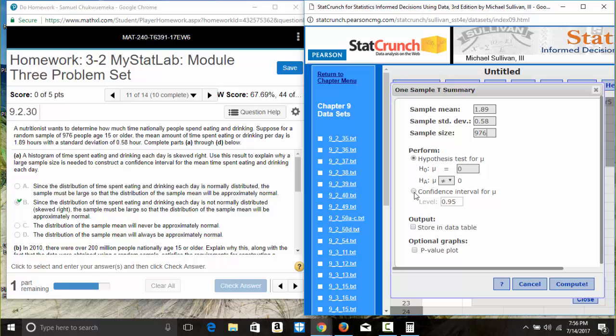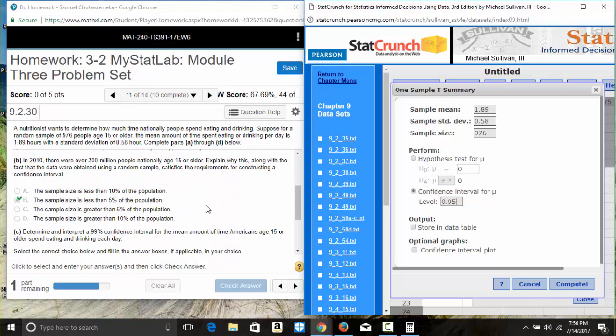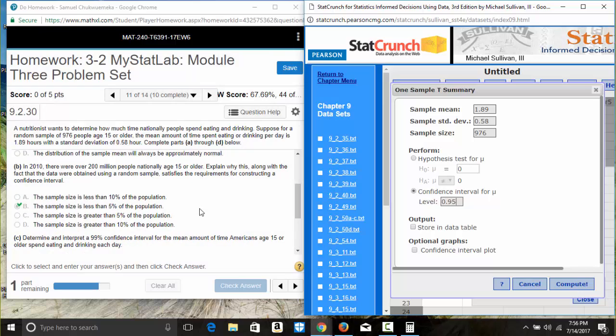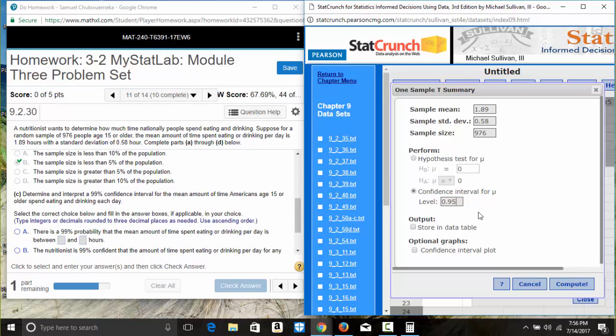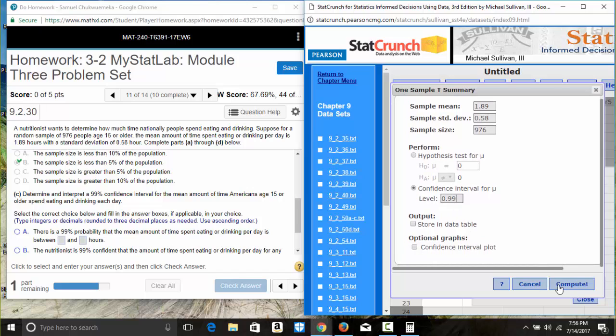Then we click the radio button for confidence interval. They want us to construct a 99% confidence interval for the population mean, so we put 0.99 as the confidence level.